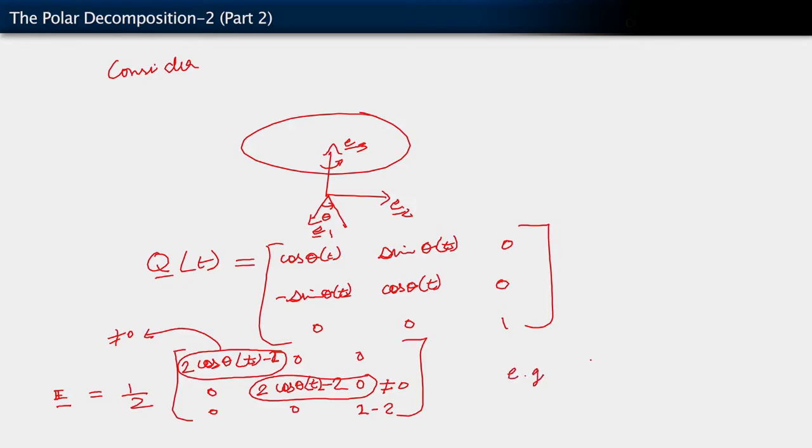I just realized that I've been calling this E, but the whole point is that this is epsilon, the small strain tensor. So if theta as a function of time equals pi over 4, what we're seeing is that epsilon 1,1 equals epsilon 2,2, which turns out to be 2 over √2 minus 2, which is very different from 0.